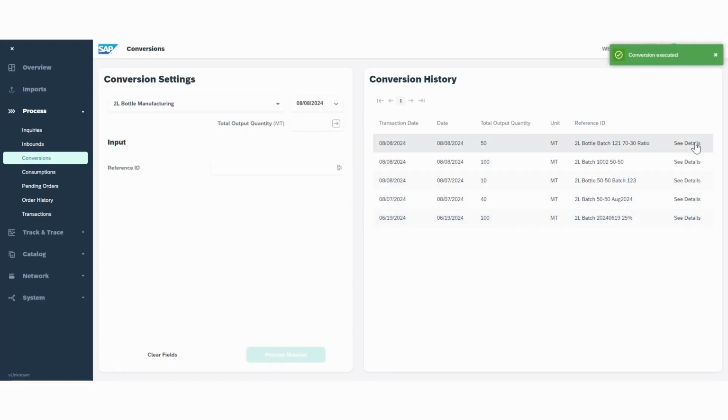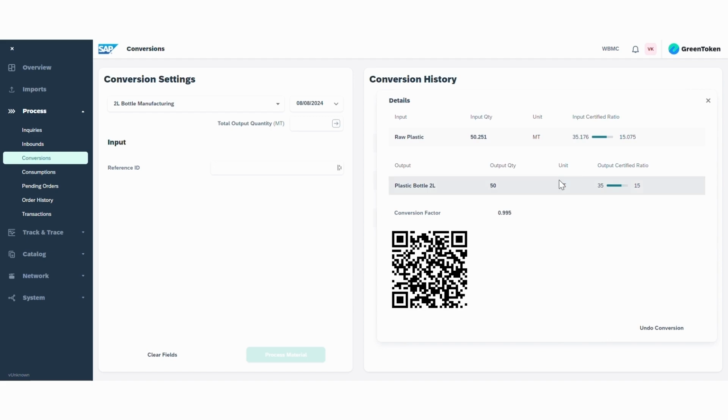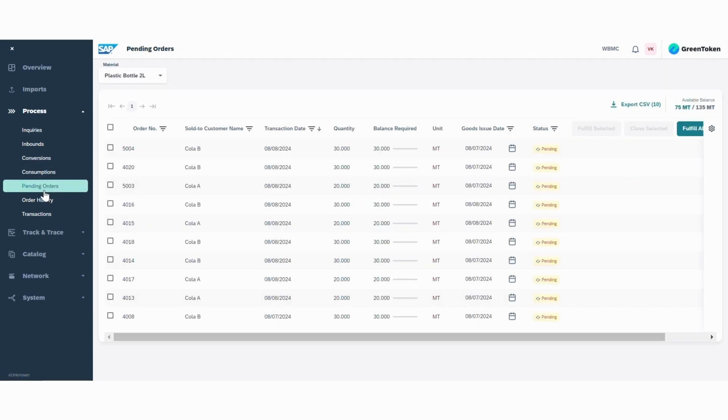So this is now done. The tokens are now converted from the raw material side to the finished product side, and we can see the details here. Once we have some stock, let's look at the pending orders that we could also see in the overview screen.